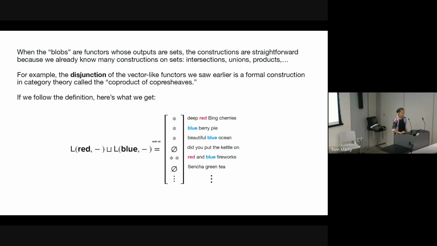Now there's a construction for the product or conjunction, and you can even talk about implication. It gets a little more complicated there, so I'm not going to show you that one. But the point is, in our original category, you can't ask what it means to have a cat and a dog, just with strings. But when you pass to these functors that represent the strings, now you have interesting structure that you're inheriting from sets.